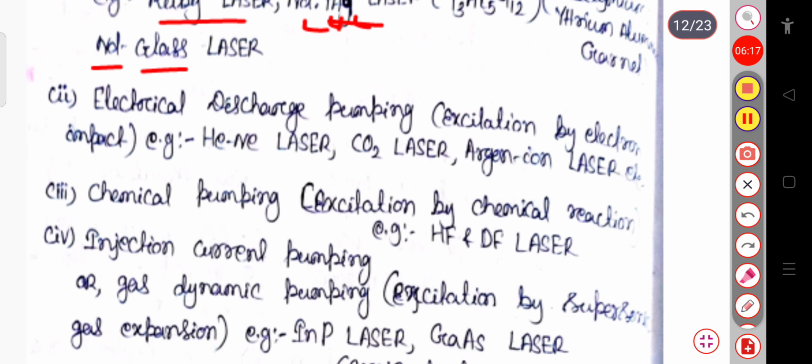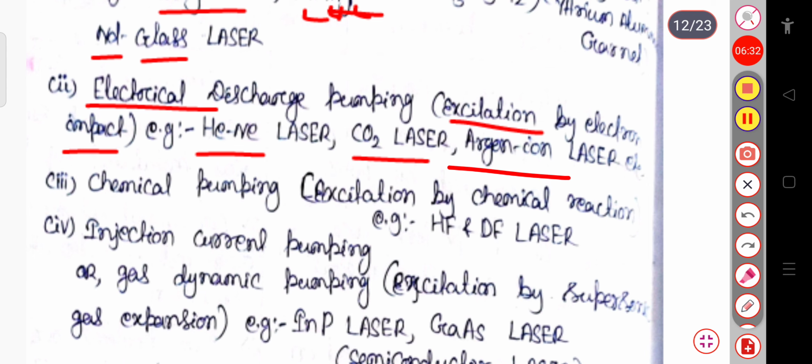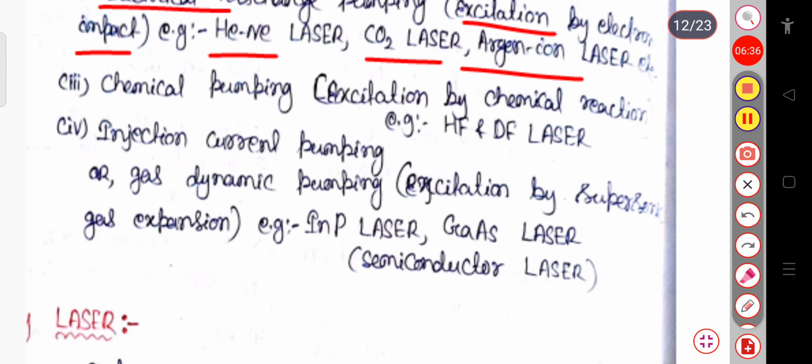Another process is electrical discharge pumping. Here the excitation is done by electron impact. The examples are helium neon laser, carbon dioxide laser, argon ion laser, etc. Next is chemical pumping. Here the excitation is done by a chemical reaction, and the examples are HF and DF laser.